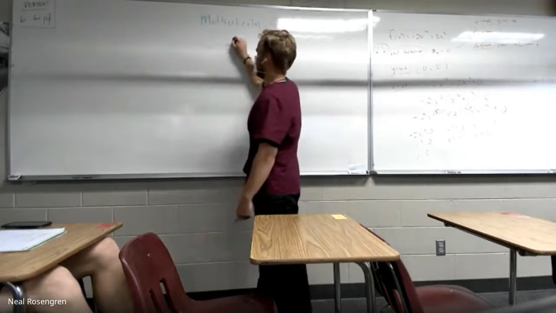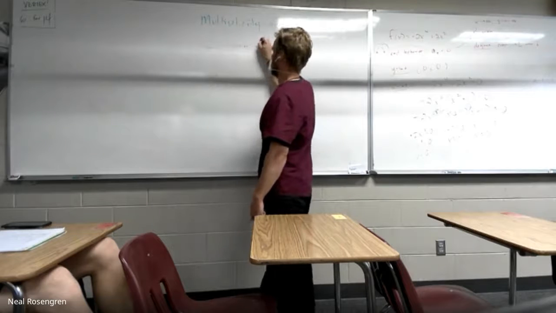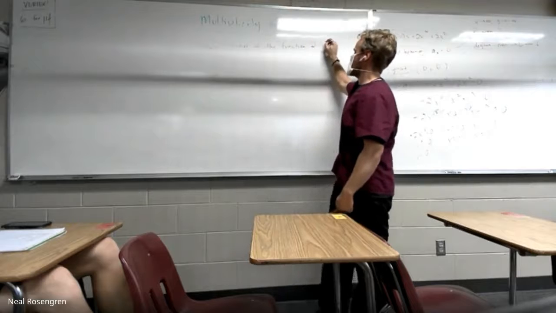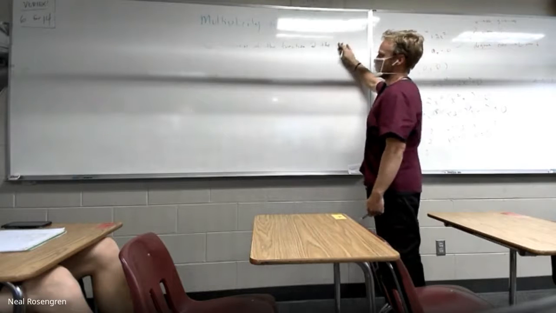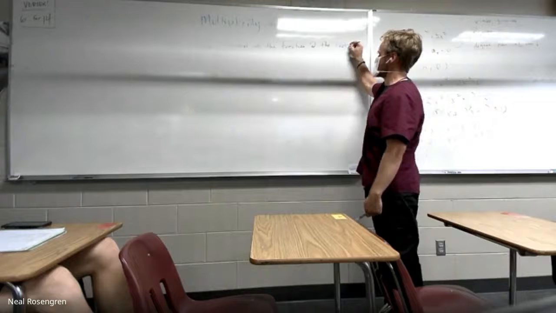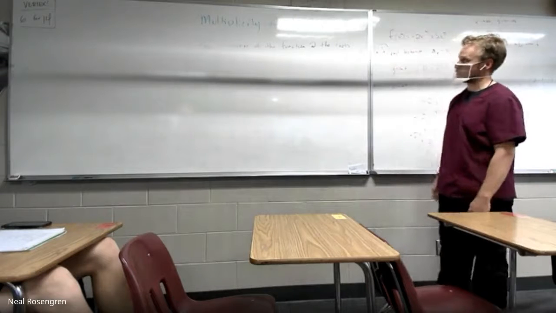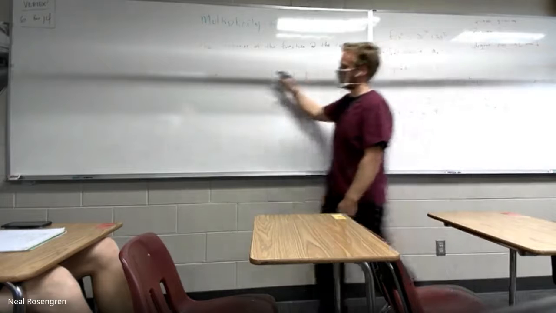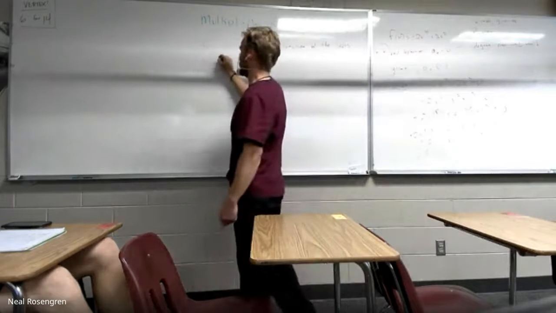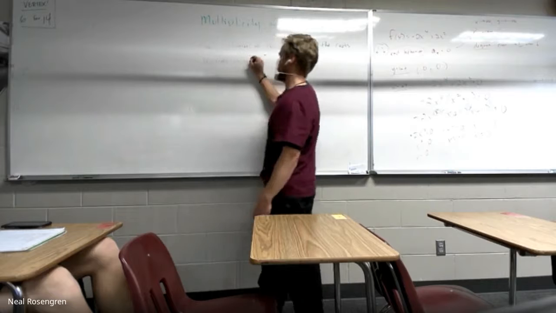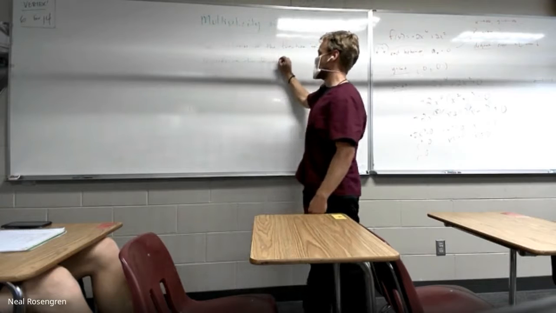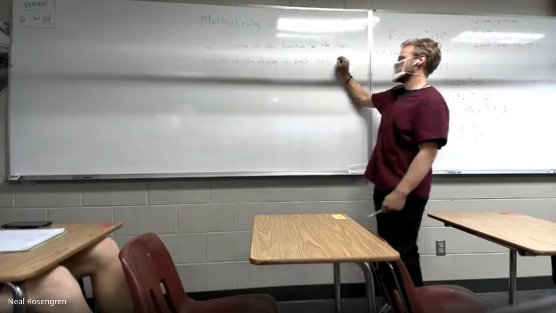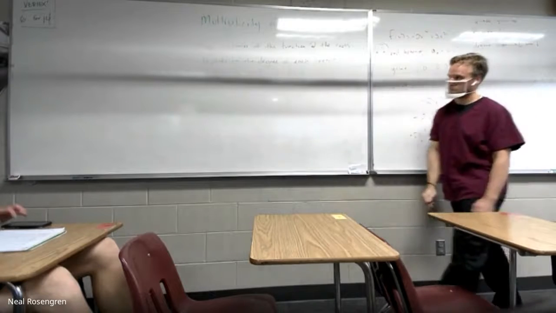The behavior of the function at the roots, zeros, x-intercepts, all relatively the same thing. I'm just going to use different words here to get used to them. The behavior of the function at the roots depends on the degree of each factor. Okay?